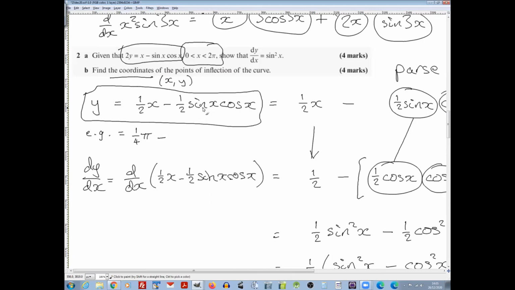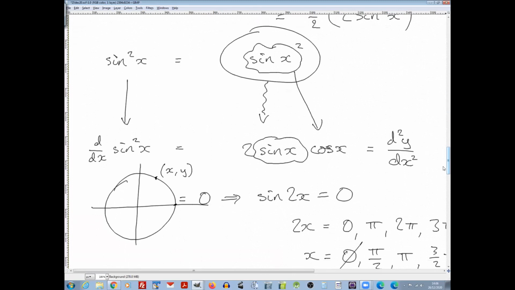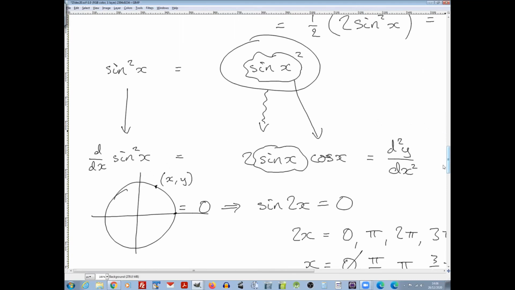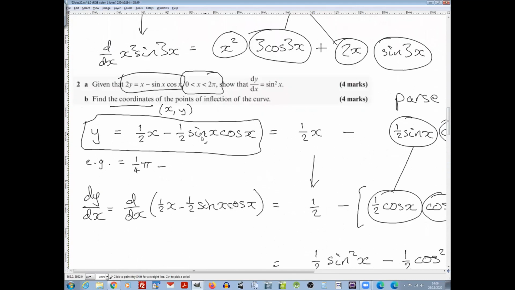What time is pi over 2 on the clock? 90 degrees. Which has a sine value of 1. But what's the cos value of 90 degrees? 0. So in fact, that's the end of story here, isn't it? That'll be 0 for pi over 2.